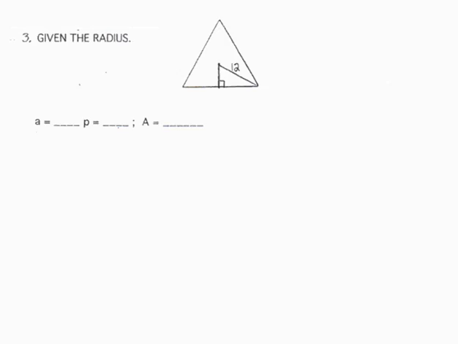Now they gave us the radius. Remember, this is going to be a 30, 60, 90 triangle in here. We've got this 30, 60, 90 triangle. In fact, what I'm going to do is pull that baby out of there and redraw it. 30, 60, 90. We know that this is 60 and this is 30.